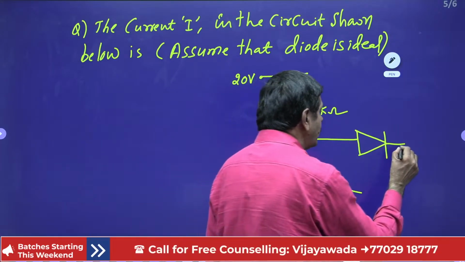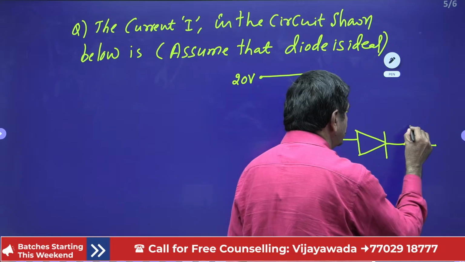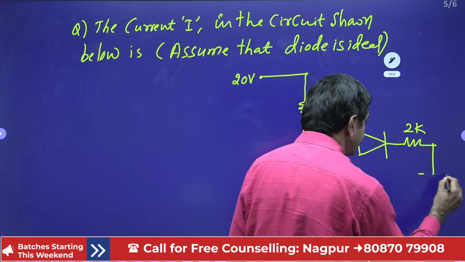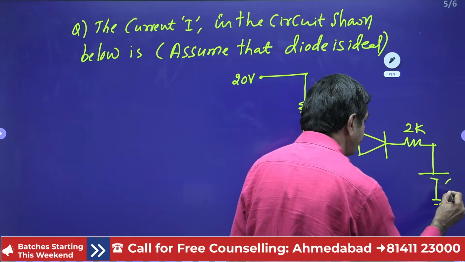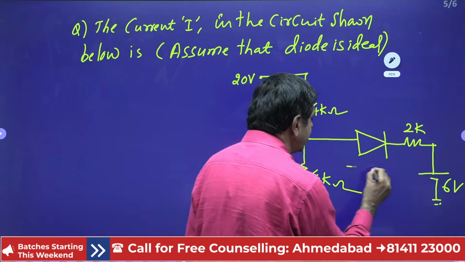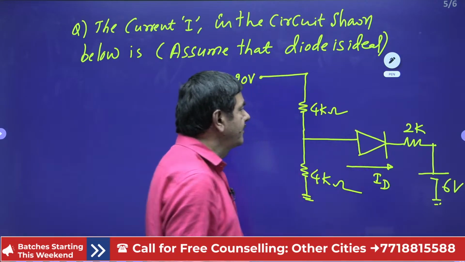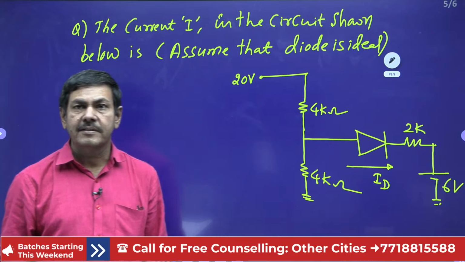The 2 kilo ohm resistance is connected here, and one battery also connected, that is 6 volts. It is asking to find the current through this diode. Please get the answer for this question.